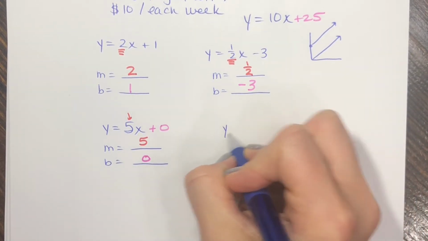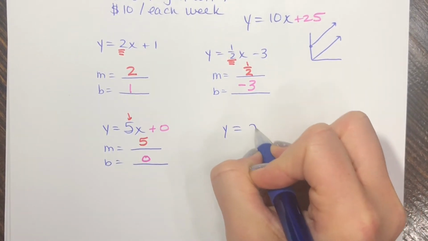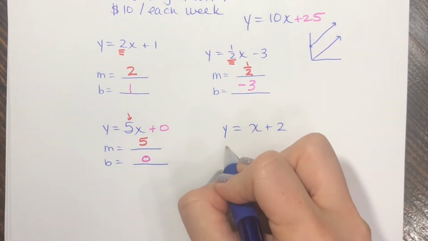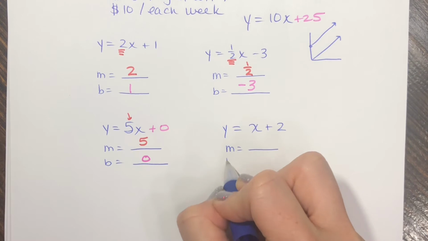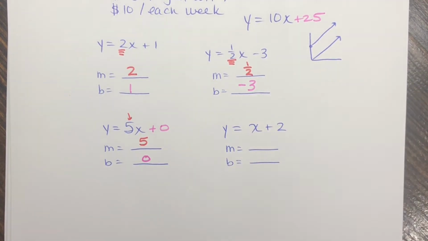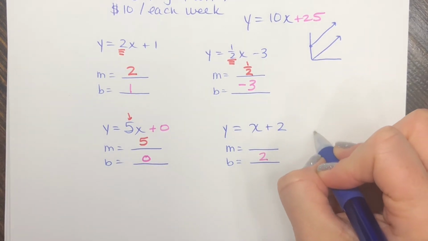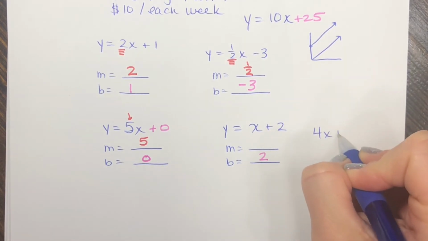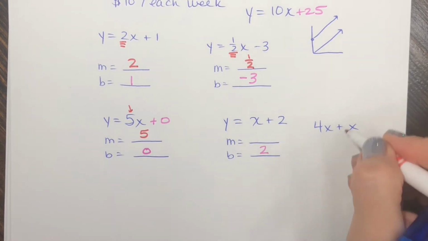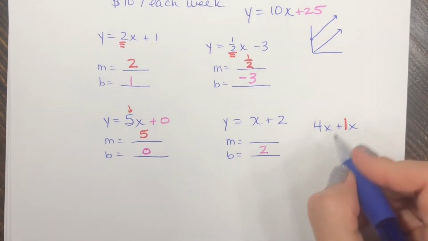This one might be a little bit different if there's no coefficient, like let's say y equals x plus 2. If I say, okay, what is my slope? And this means I have $2 to begin with. So you know the number after goes here. And something we learned in combining like terms, if I asked you to take 4x and add x to it, you told me that the answer was 5x, right?